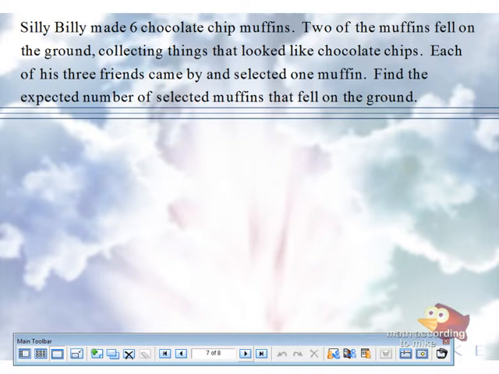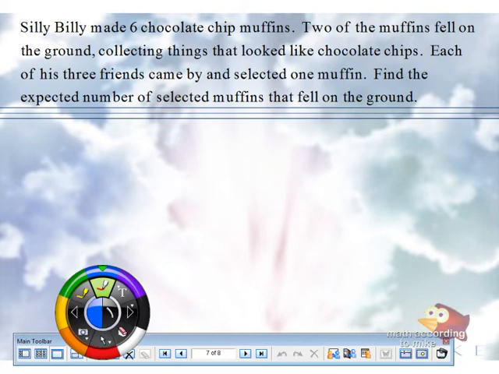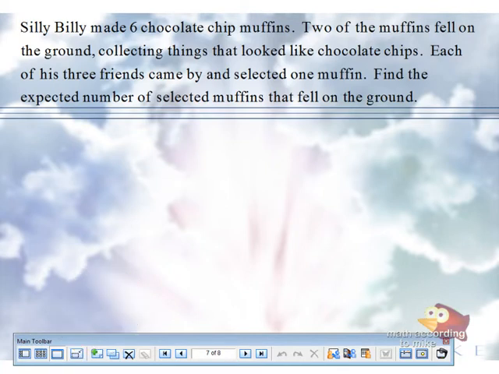Here it isn't money, it's the number of muffins. So what are the possible outcomes? Zero selected fell on the ground, 1 selected fell on the ground, and 2 selected fell on the ground.